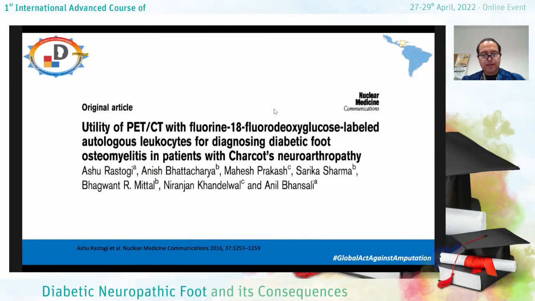In this slide, I show you a combined technique using labeled leukocytes, which would be very useful to differentiate osteomyelitis from Charcot neuroarthropathy accurately.